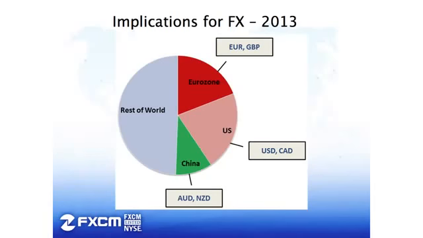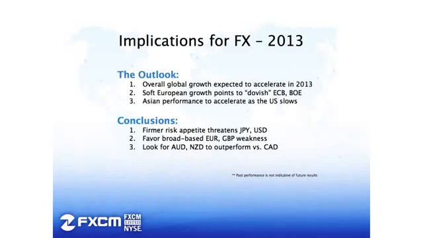We see some different conclusions. We would expect risky currencies to do better. We would expect European growth to continue to be a hindrance because a growth rate of close to zero is not much of a growth rate. And we would expect things linked to Asian growth, Australian dollar, New Zealand dollar, to begin to outperform things linked to North American growth. In our case, as FX traders, the Canadian dollar.